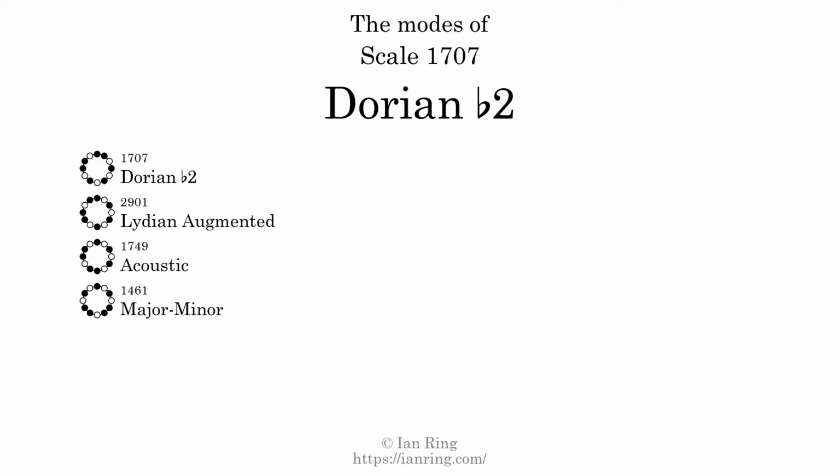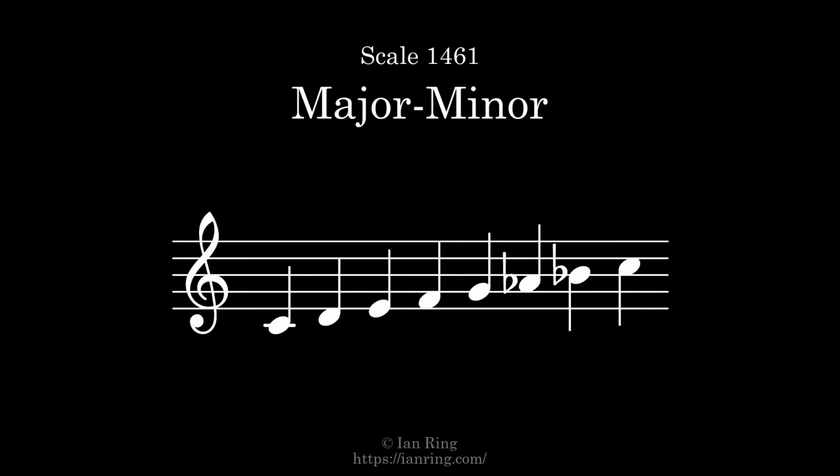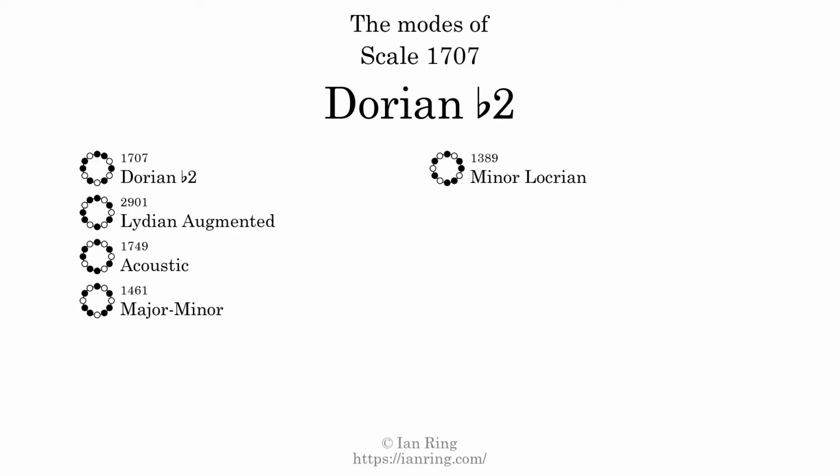The fourth mode is scale 1461, also known as major minor. It sounds like this. The fifth mode is scale 1389, also known as minor Locrian. It sounds like this.